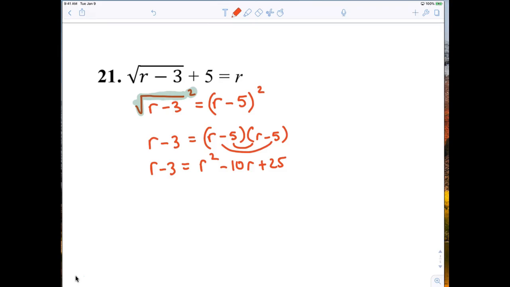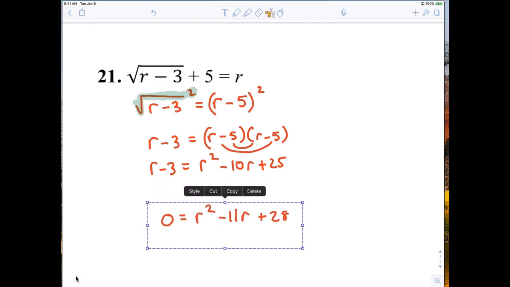All right, now it's quadratic, so you got to set it equal to 0. So 0 is equal to r squared, then what? Minus 11r, then what? Plus 28. All right, now we're practicing mental math, so come on. So what did I do?